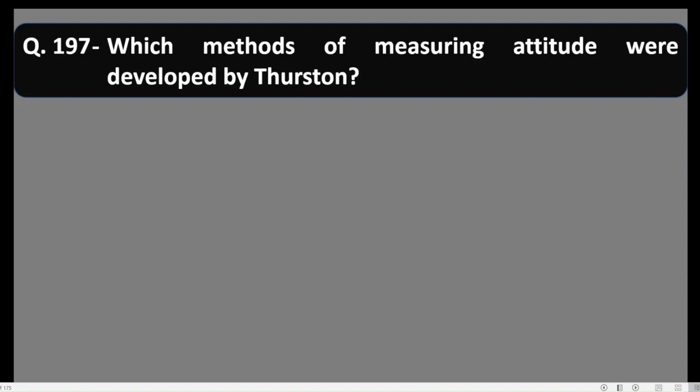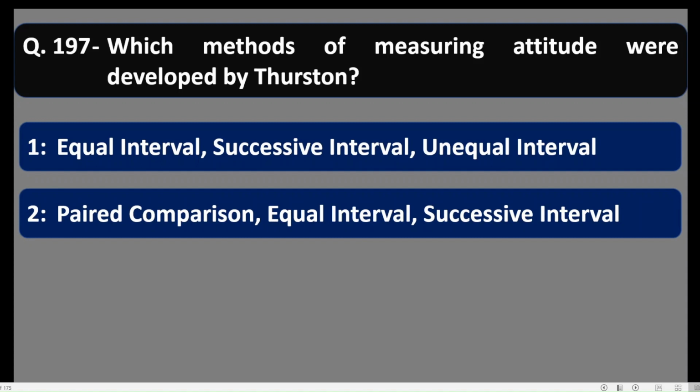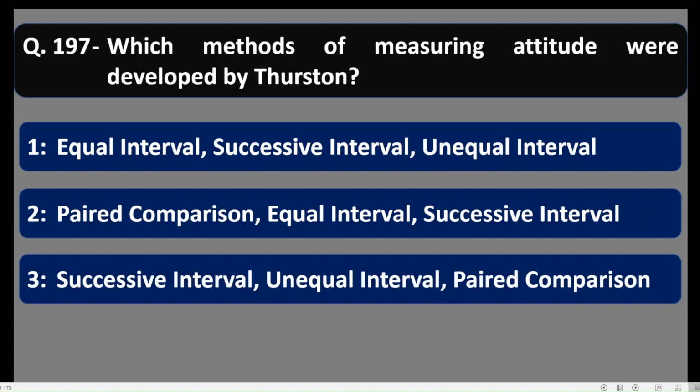197. Which methods of measuring attitude were developed by Thurstone? Number 1, equal interval, successive interval, unequal interval. No method like unequal interval exists, so it is false. Number 2, paired comparison, equal interval, successive interval.